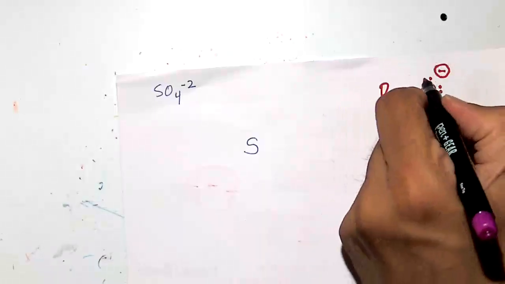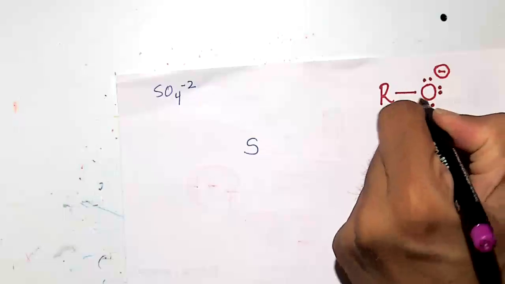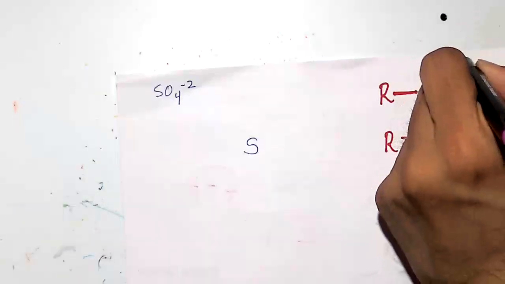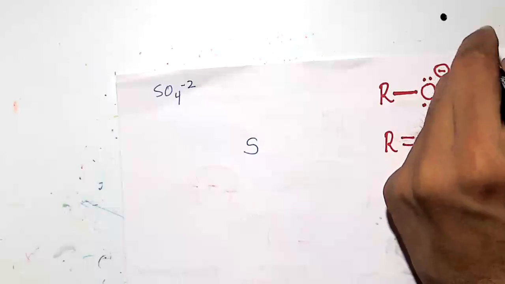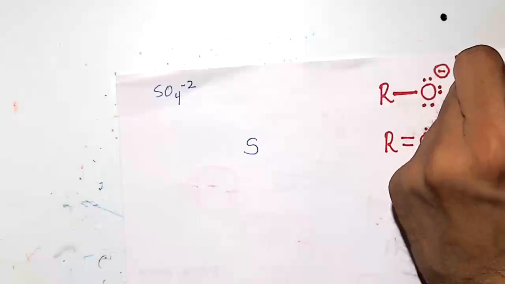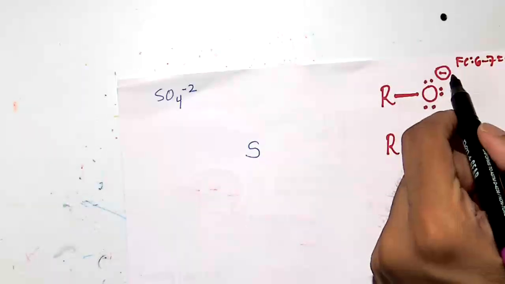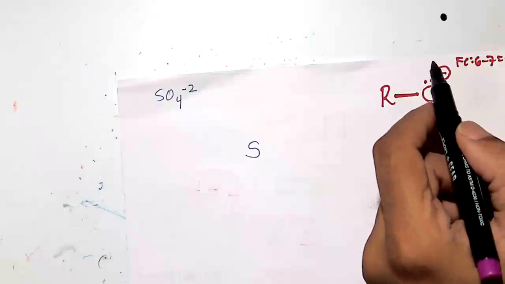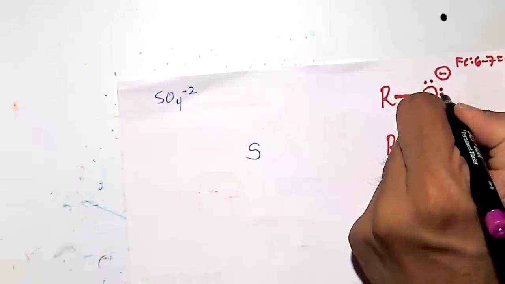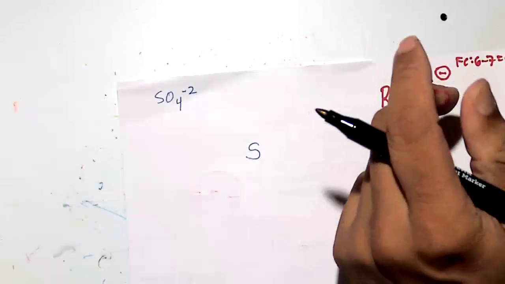Forget about the R. Focus on the oxygen. 1, 2, 3, 4, 5, 6, 7. What is oxygen happy at? 6. What's 6 minus 7? There's that negative 1. And does this have an octet? 1, 2, 3, 4, 5, 6, 7, 8.